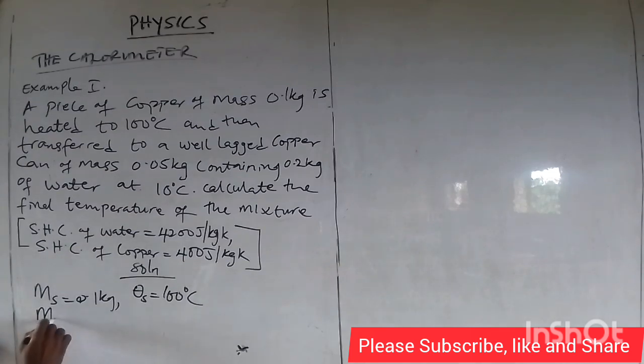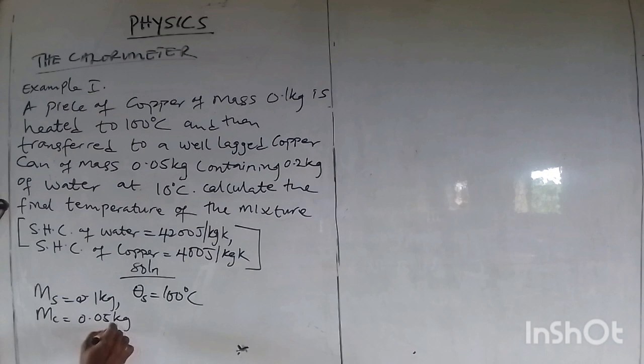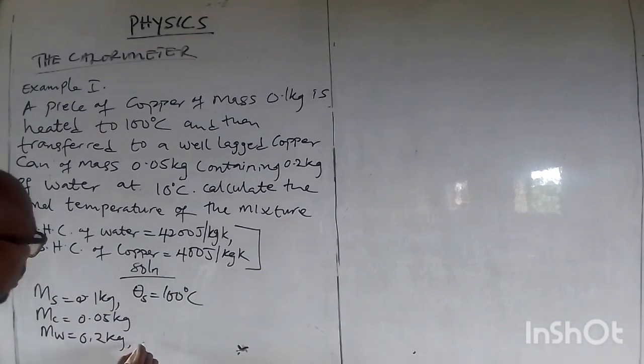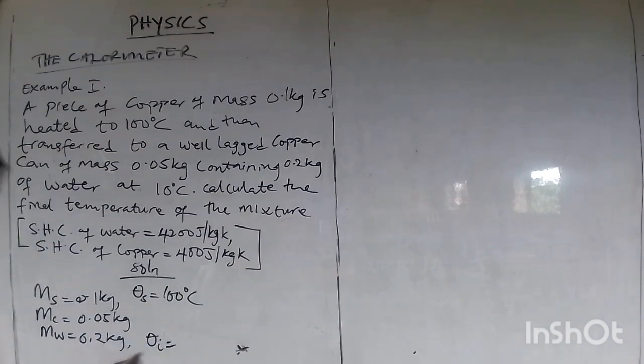Now, mass of calorimeter is 0.05 kg. Mass of water is 0.2 kg. Now, initial temperature of water, theta I, is 10 degrees Celsius.